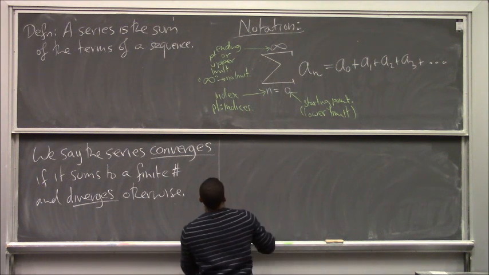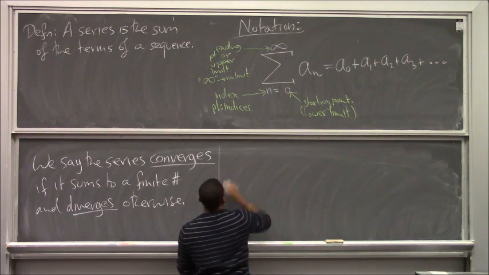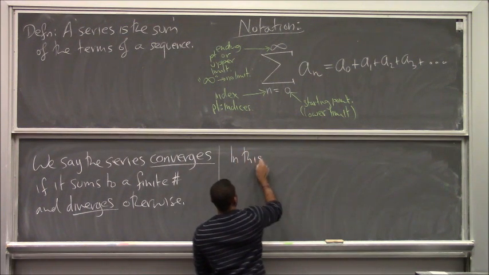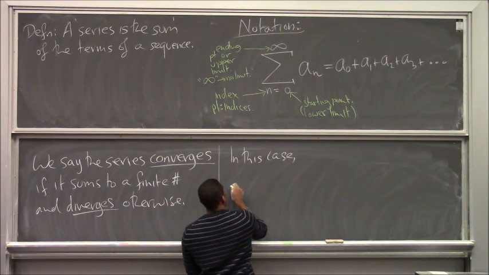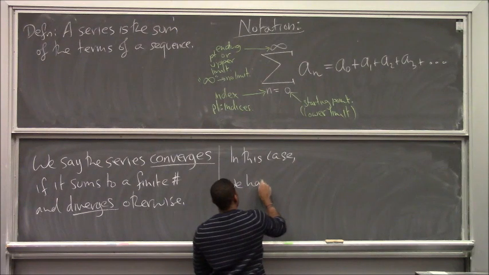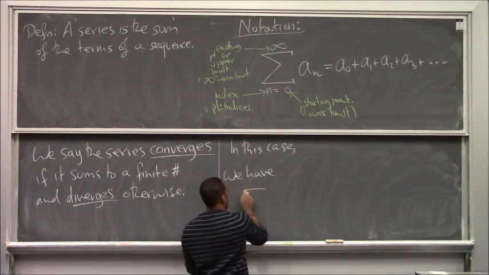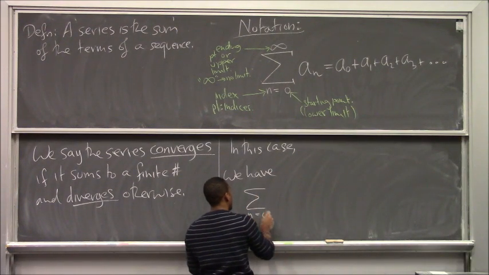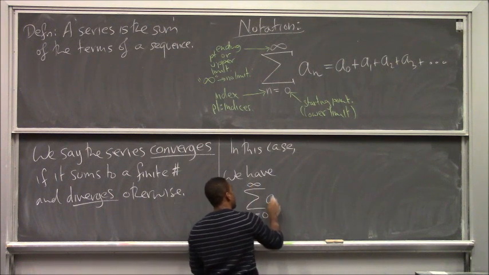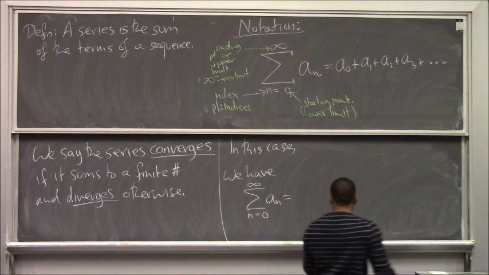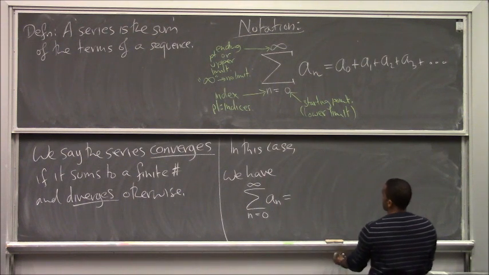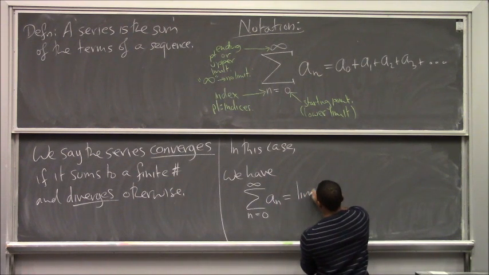Here's how you think about what it means to add up an infinite number of things and achieve a finite number. You talk about what's called the limit of partial sums.